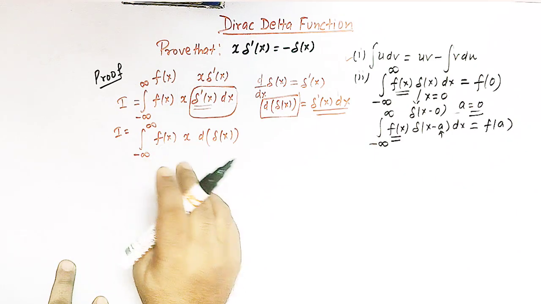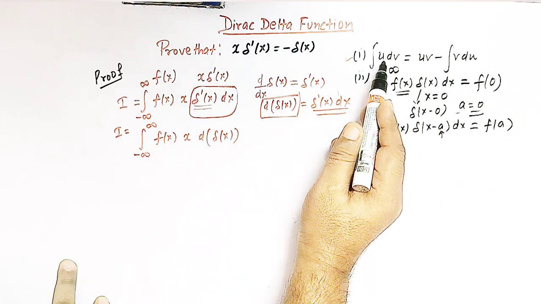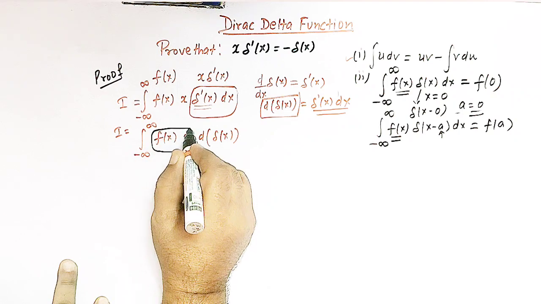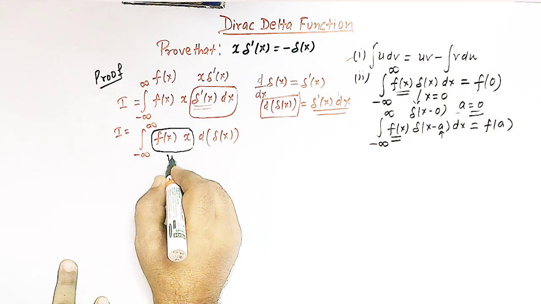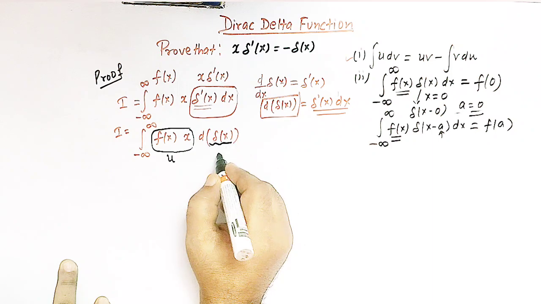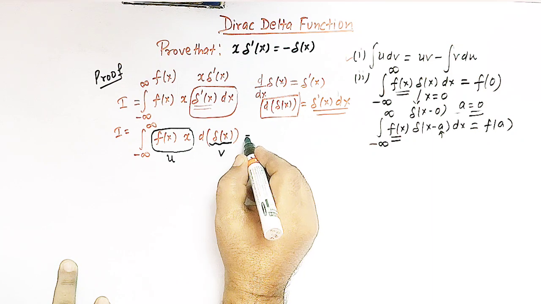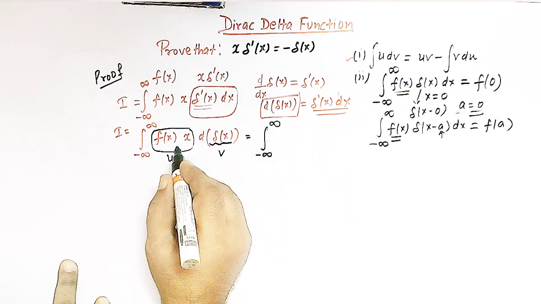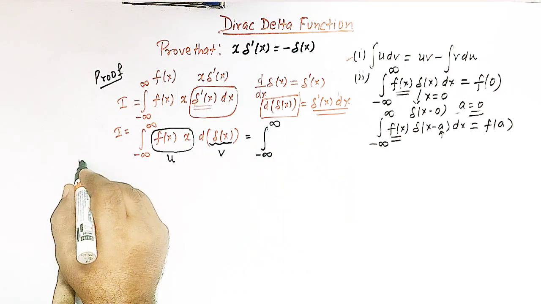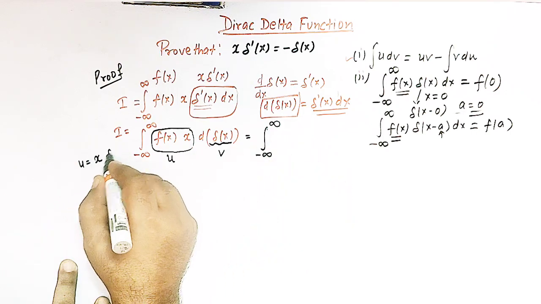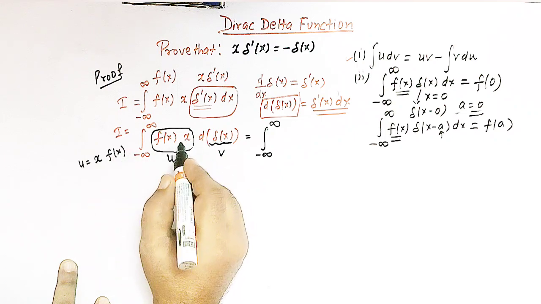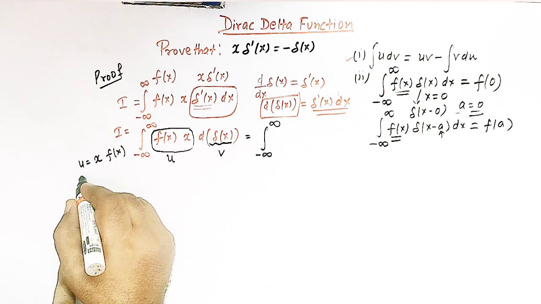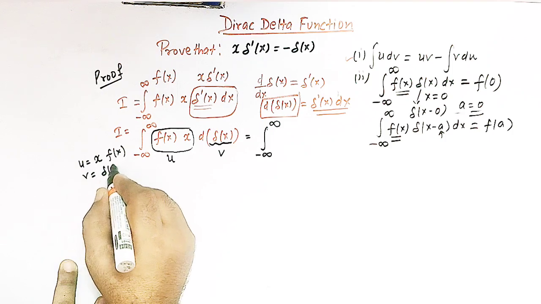So now let us apply the method of integration by parts to this integral. Here this function may be taken as u, and this function may be taken as v. So our integral now becomes the integral from minus infinity to infinity, where u is x times f of x, because we can write this x in front of f of x, and v is delta of x.